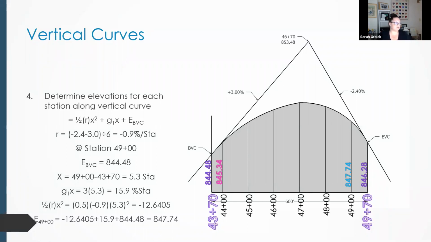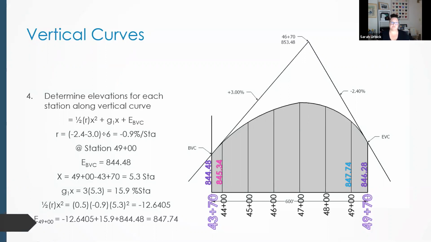So if we look at station 49, we have our beginning elevation, 844.48. We have our X value, station 49 minus 43 plus 70, which gives us 5.3 stations.